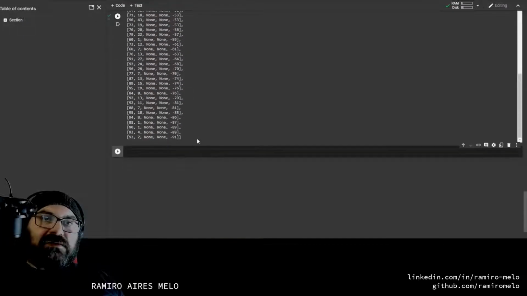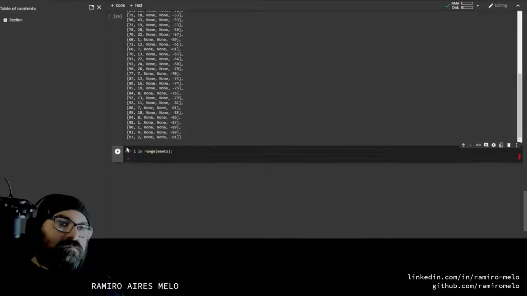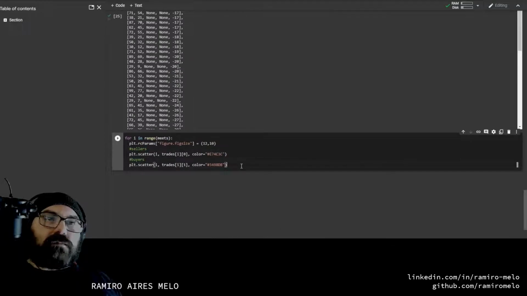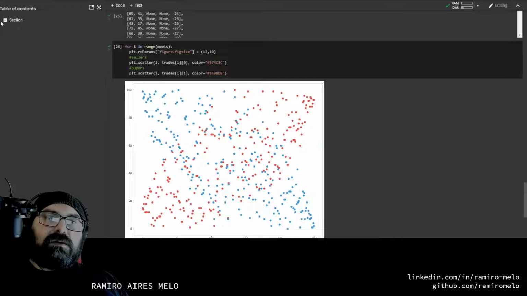It's gonna give us a better representation. Let's print it graphically again. Let's run this code. Now something really interesting shows up. We can see that the seller's price has a direct relation, while the buyer's price has an inverted relation.